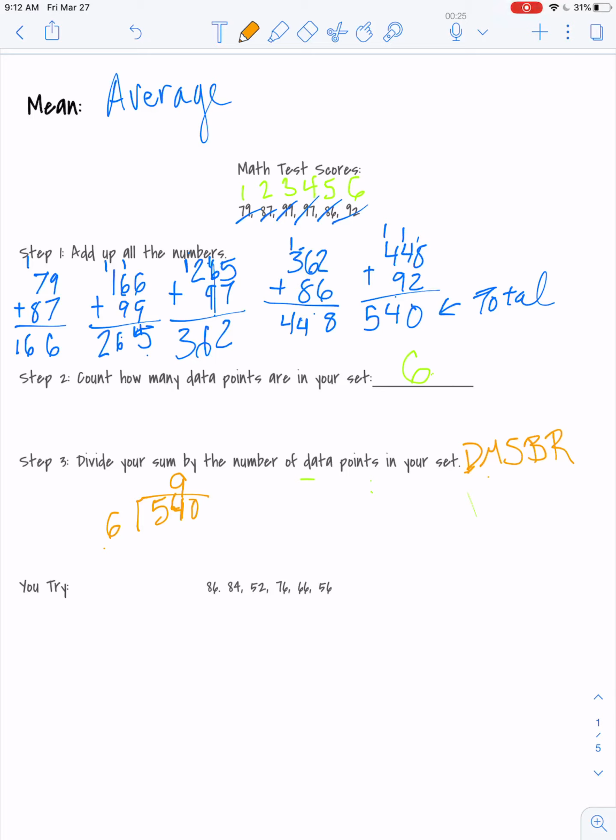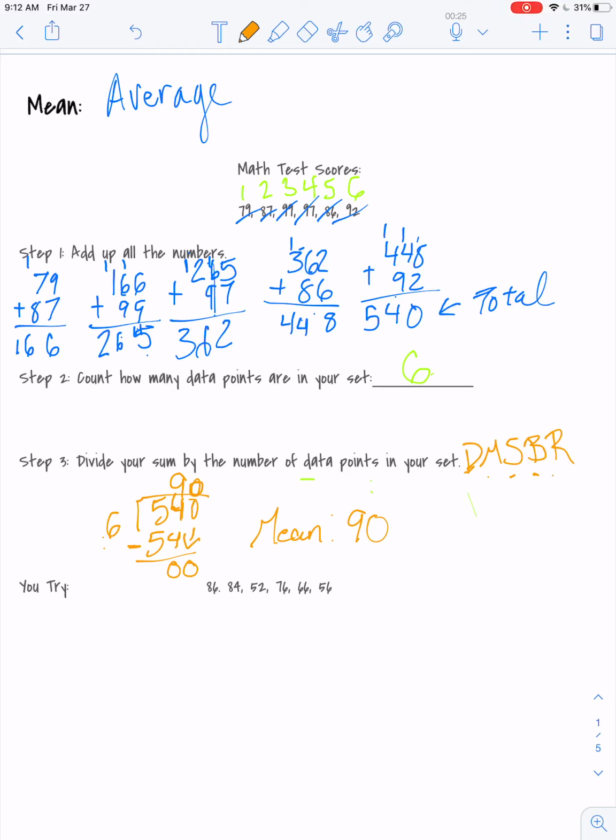So then we multiply. 9 times 6 is 54. We subtract, sister, and we get 0, bring down 0, repeat. 6 goes into 0, 0 times. So our mean is 90.